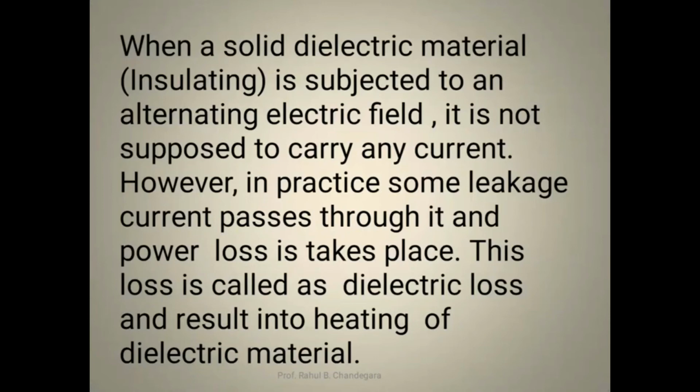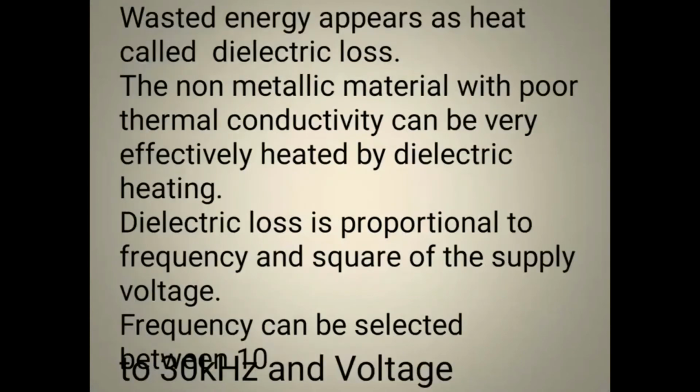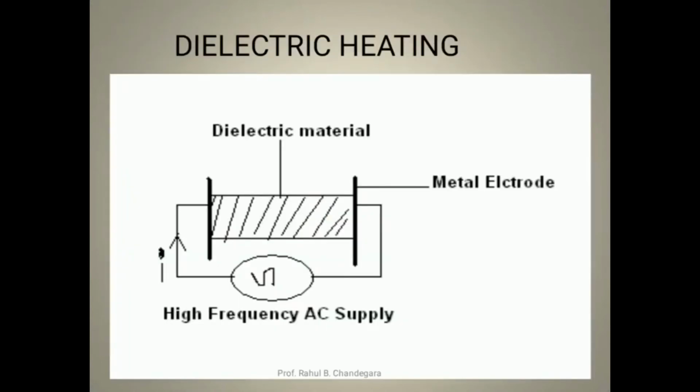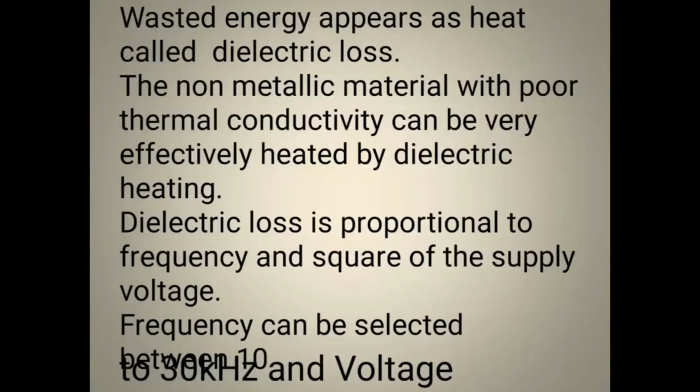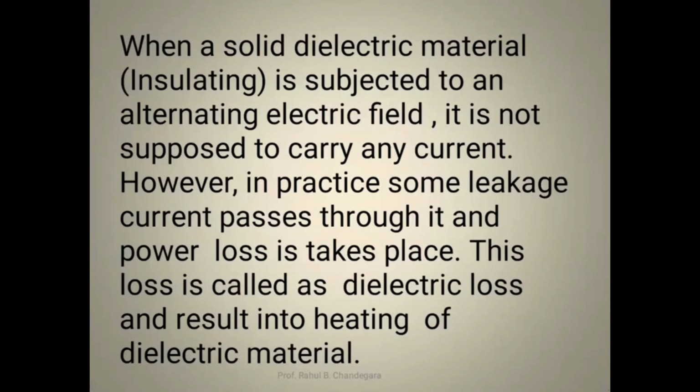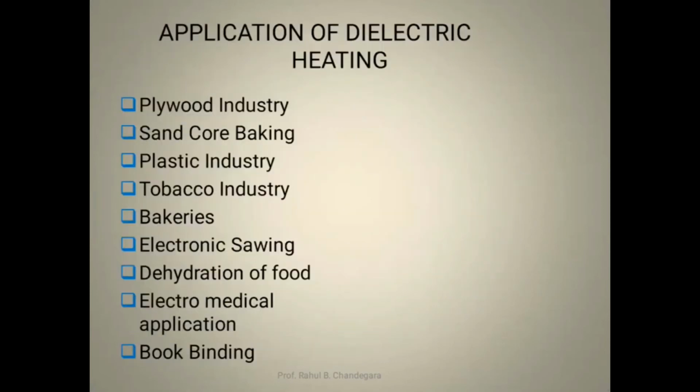So the dielectric material is put between two metal electrodes and a high frequency supply is given to it. Dielectric loss is produced and ultimately the dielectric material is heated.